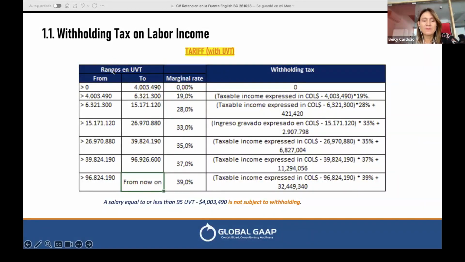rangos de UVT. The UVT are tax units. So every year the DIAN gives a value to these tax units, and it changes every year, and the number is public, so you can just go back and say what was the tax unit in 2022, in 2021.